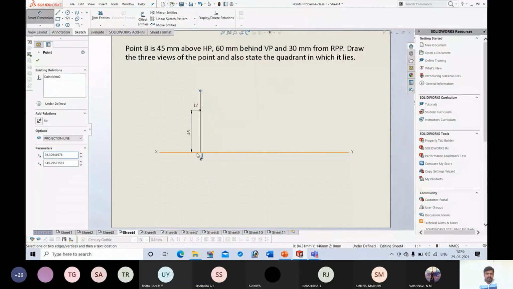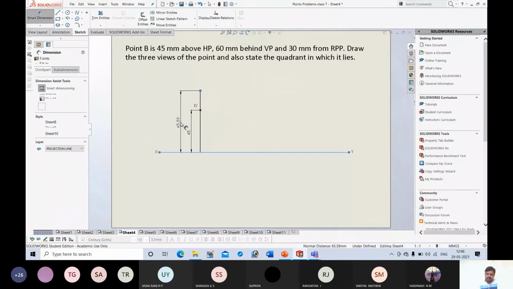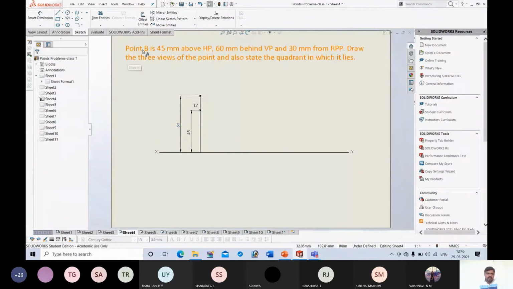The gap between this and this should be 60. Since it is the distance from VP, this is the top view, and that is denoted with only a lowercase b, that is, small letter b.